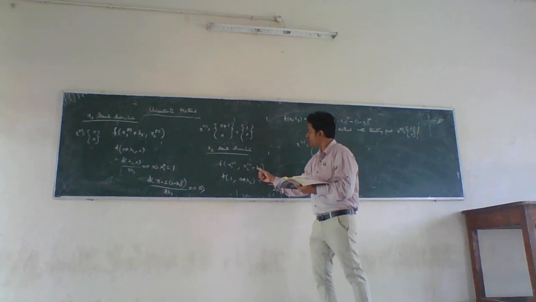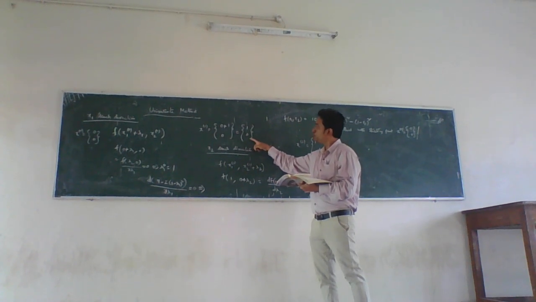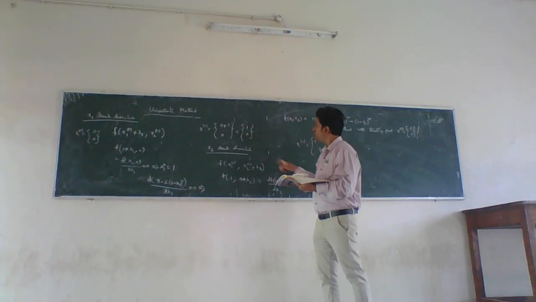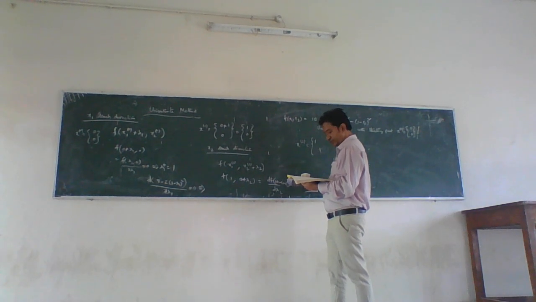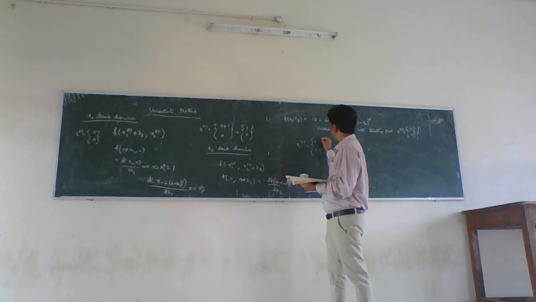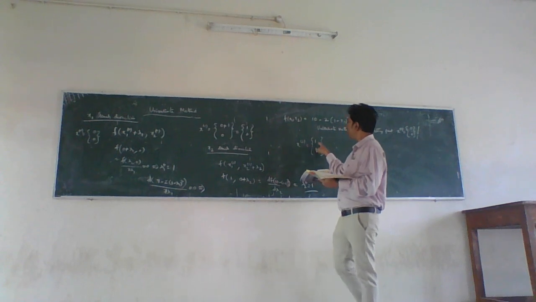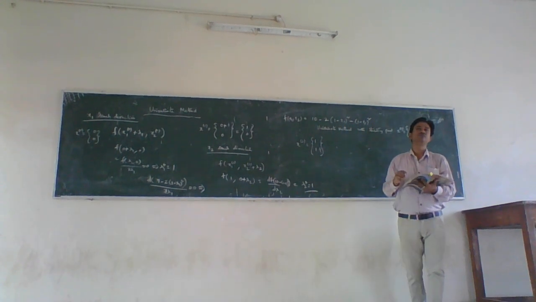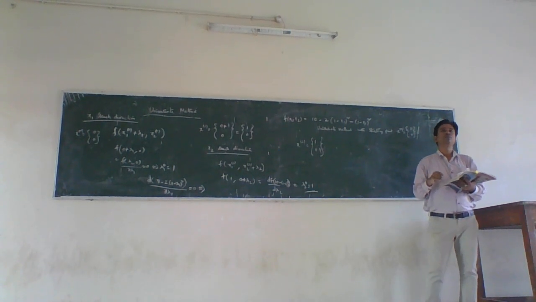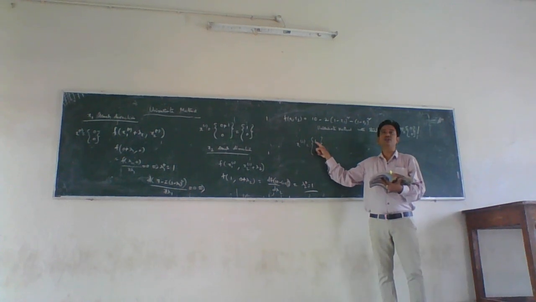And x2 plus lambda 2, 0 plus lambda 2 is 1. So you will get 1. So the x2 is now 1, 1.